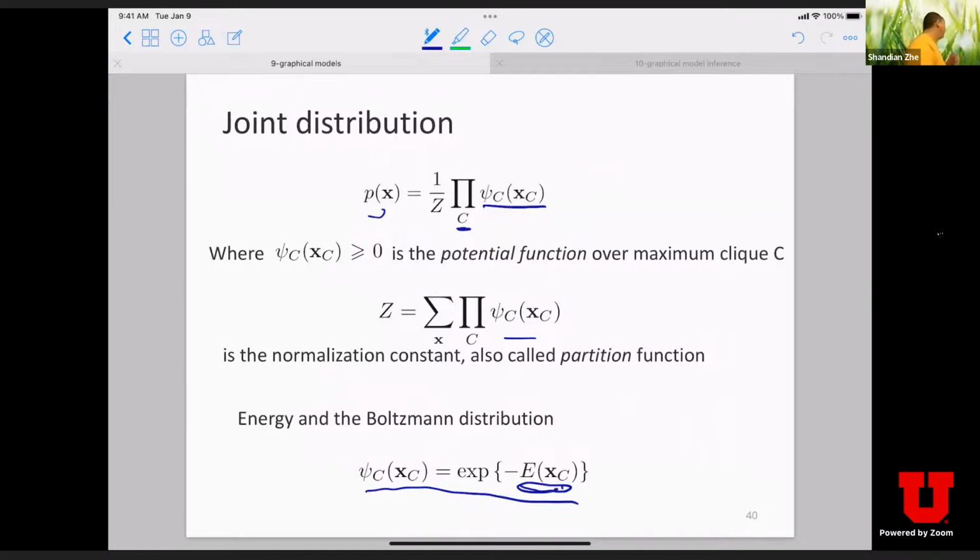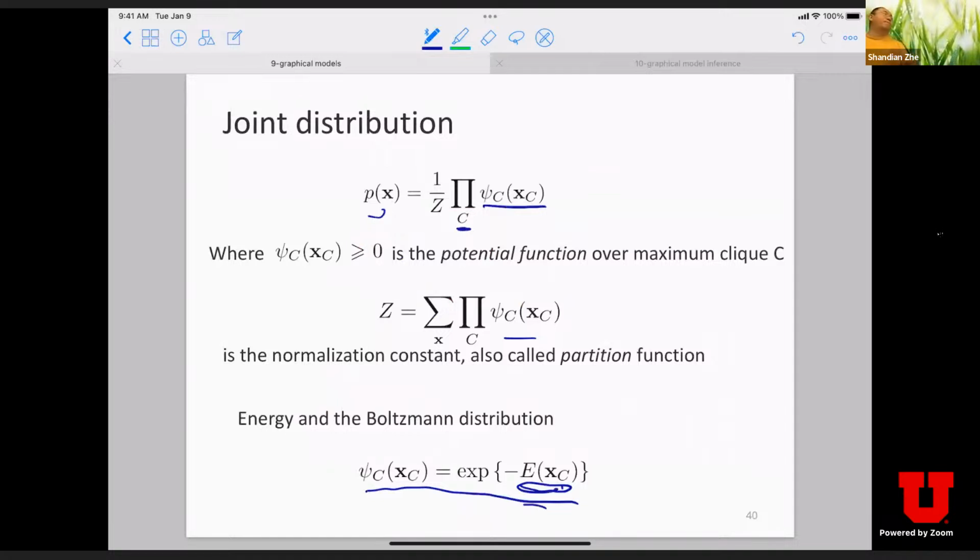For example, if we want to model a set of molecules, the temperature is some kind of unified view or single view of the activity of those molecules. So how do we model that?